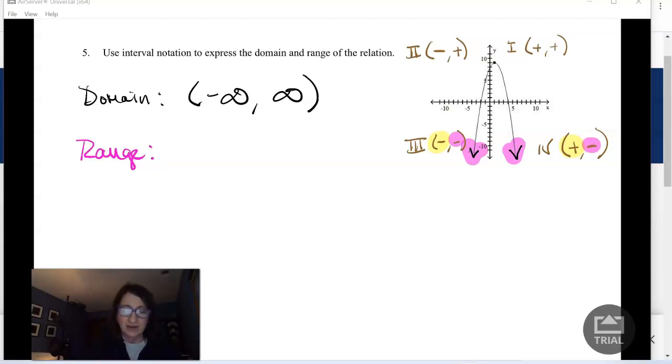So my range is going to start at -infinity. But then as I work up, okay, the highest point is going to be right there at 9. So we go from -infinity to 9. And my parabola goes through that 9. And so I use a square bracket.